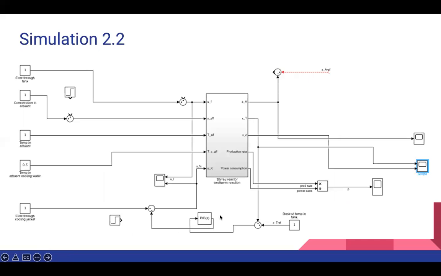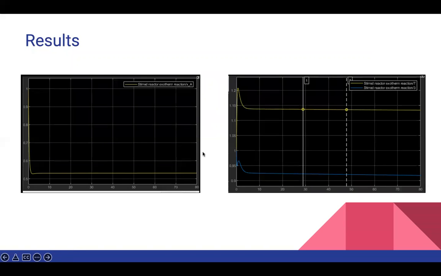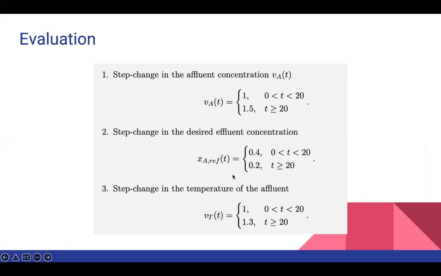So we add a PID controller to the simulation, place the values of P, I, and D, and run it to obtain these graphs, which show that our output variables reach equilibrium, our system does not present oscillations, and our error is pretty small. Then we have to evaluate some criteria.